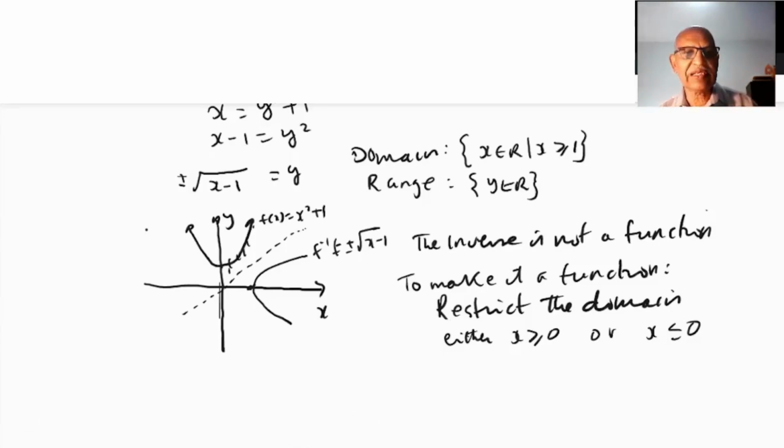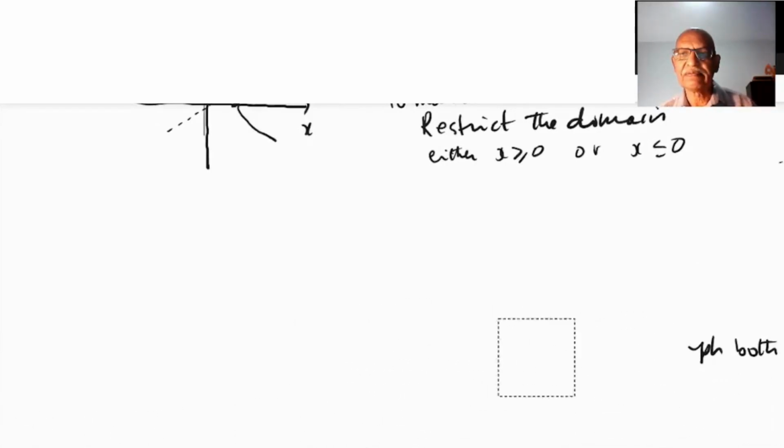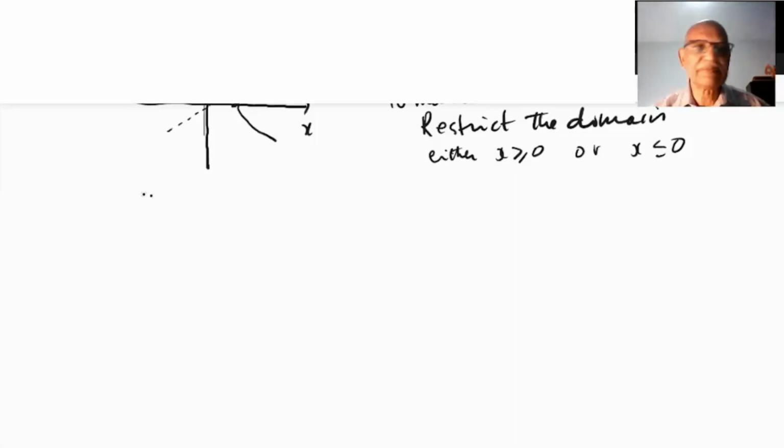Okay, so let's see part B. If I have y equals square root of x minus 5, plus 2. First of all, to find the inverse, I interchange x and y.